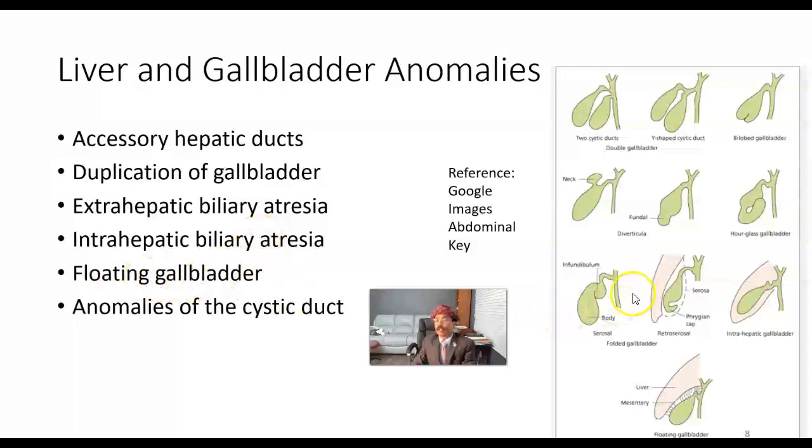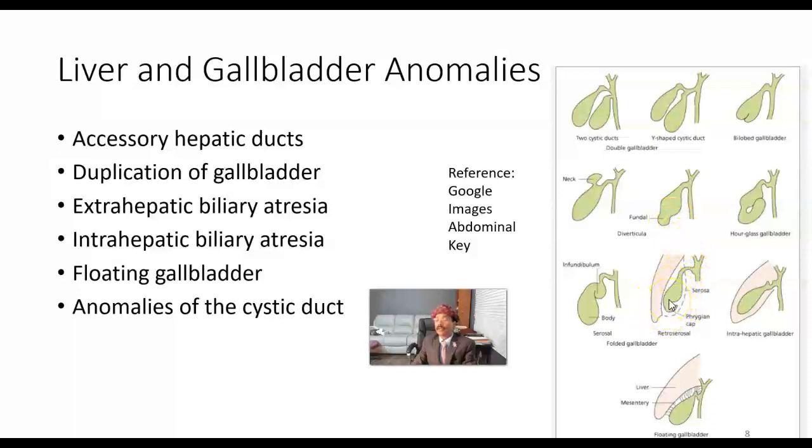Floating gallbladder, like this: the gallbladder is suspended by a mesentery, and it may even be larger than this. So the gallbladder may be twisted. Anomalies of the cystic duct: the cystic duct may be very small, may be long. And the gallbladder has some anomaly like the Phrygian cap.